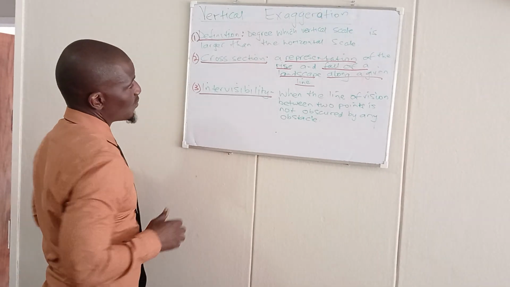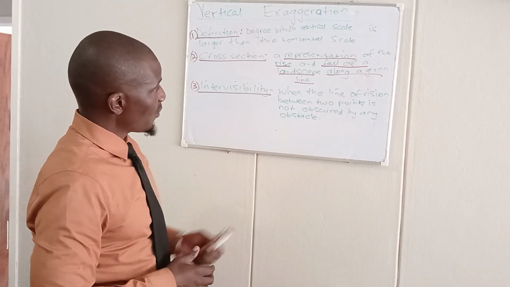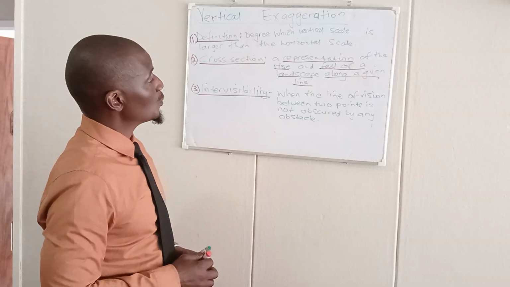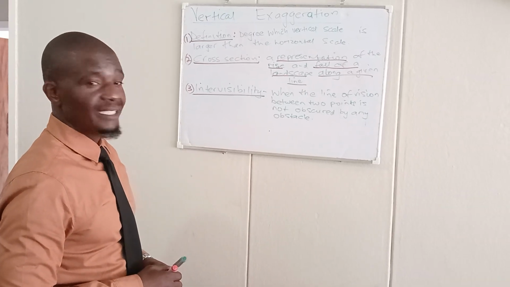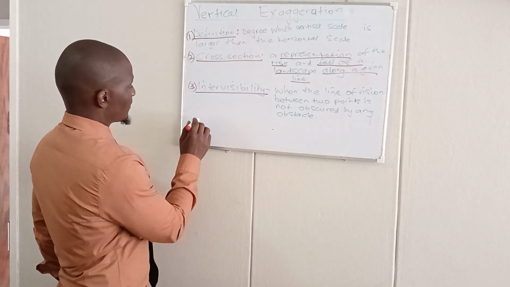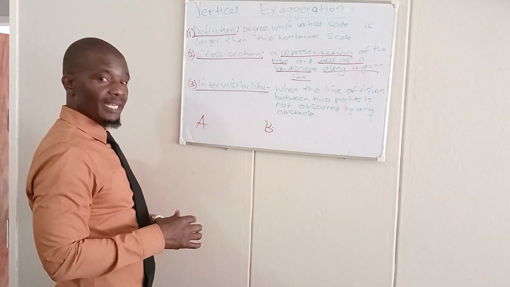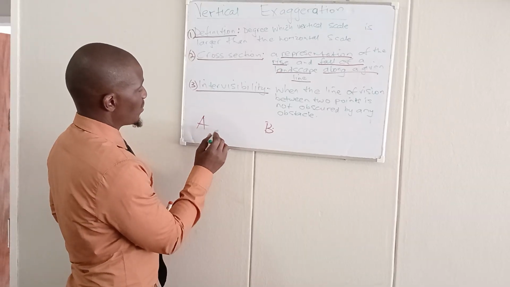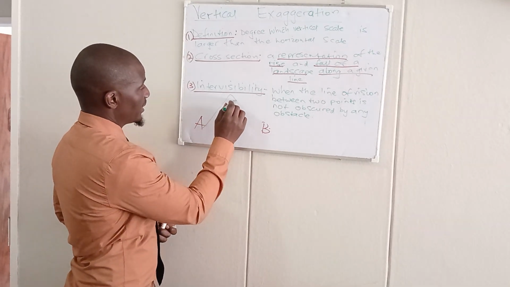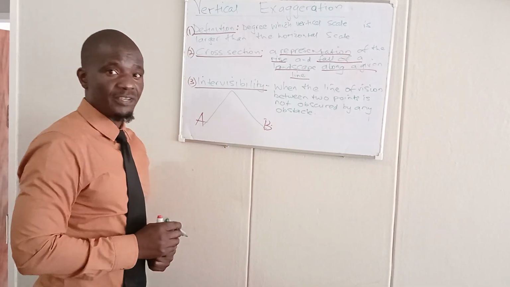Then the concept of intervisibility: when the line of vision between 2 points is not obscured by any obstacle. For example, take A and B, and assume that between these 2 points there is a rise in the landscape.